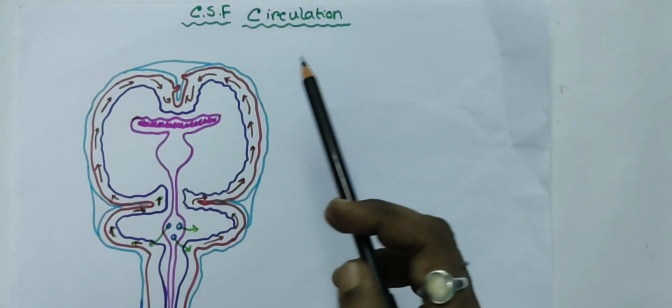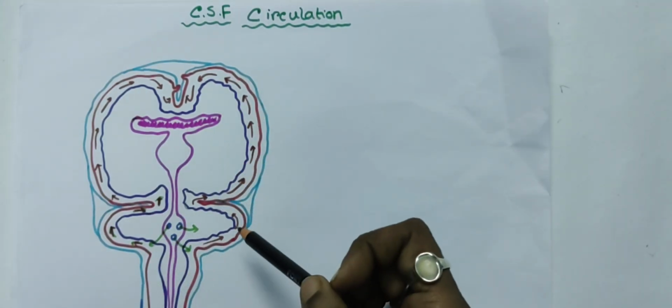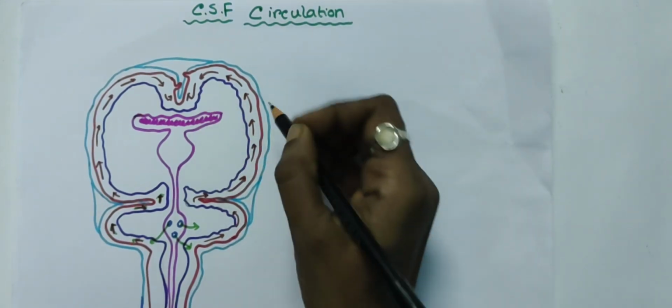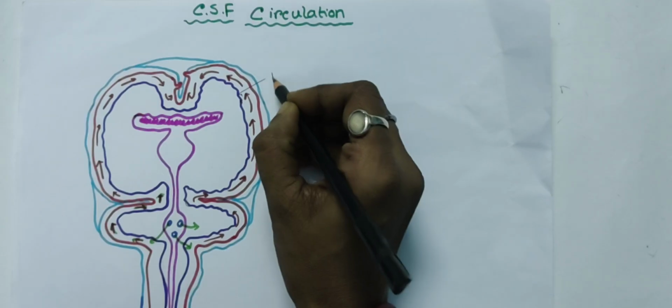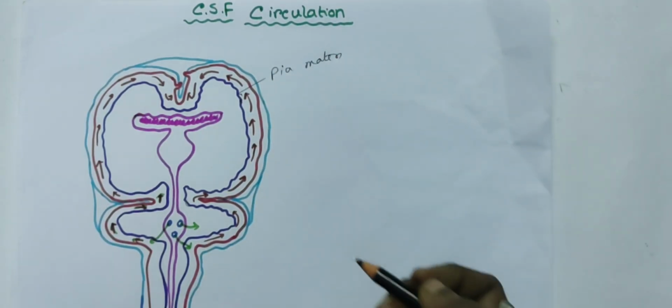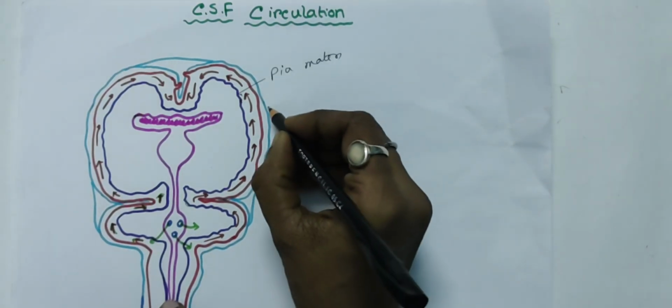Now come to the circulation of cerebrospinal fluid. This is the front view of our brain. This is the pia mater, the innermost membrane. The meninges are divided into three parts. That is the dura mater.